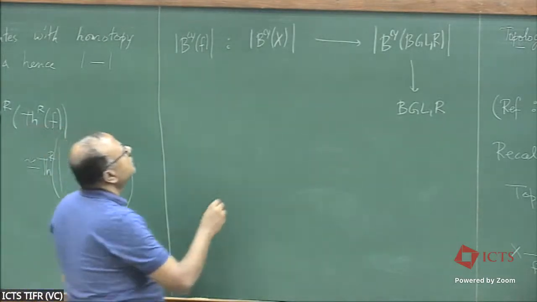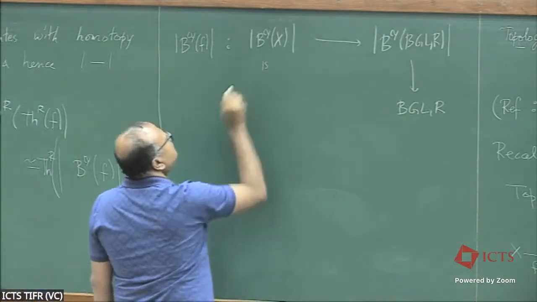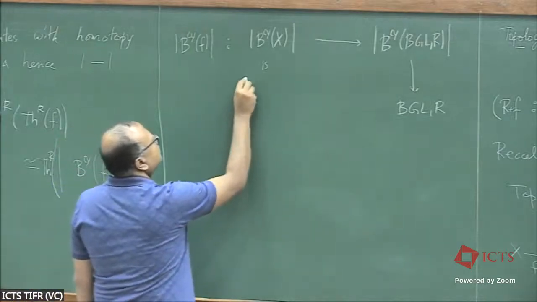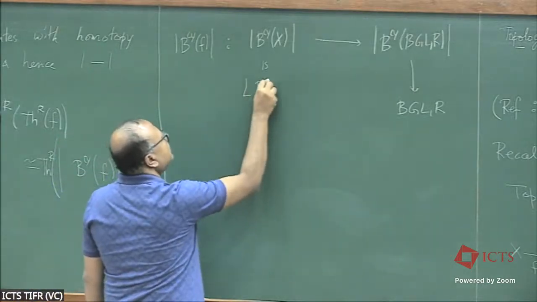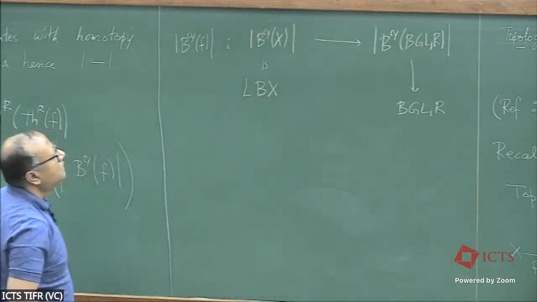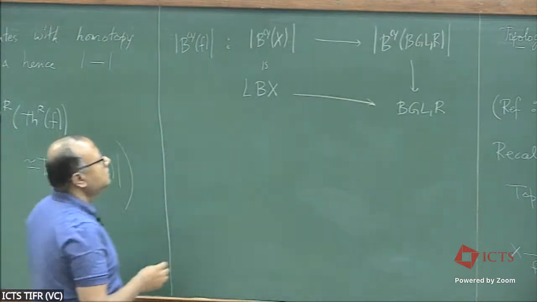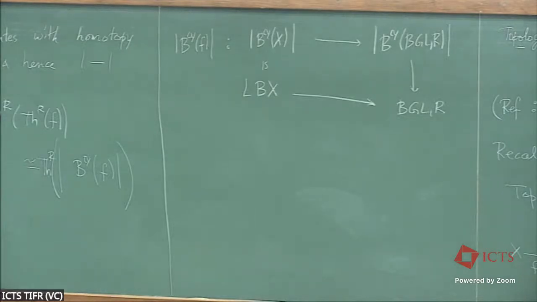Now we know that this is equivalent to the free loop space on BX. So that gives us a formula for the topological Hochschild homology, again as a Thom spectrum.